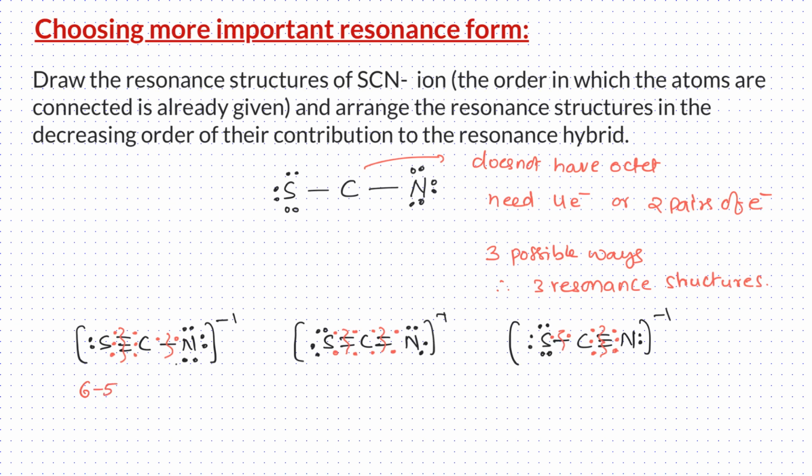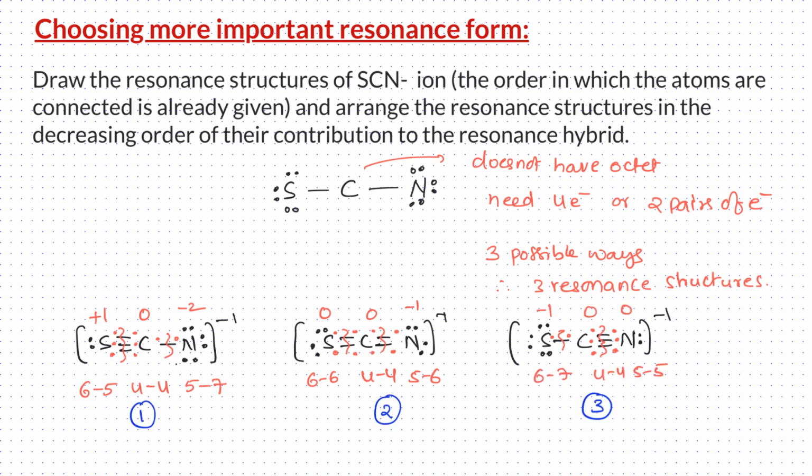So it is 6 minus 5 plus 1. For carbon, group number 4, minus 4 dots, that is 0. Nitrogen, group number 5, minus 7 dots, that is -2. And then we move on to the second resonance structure and the third one.